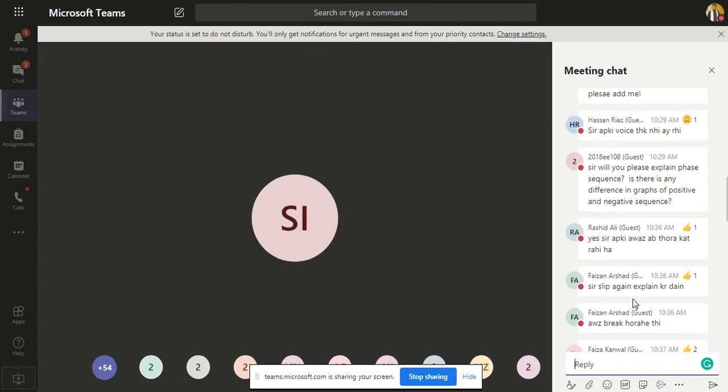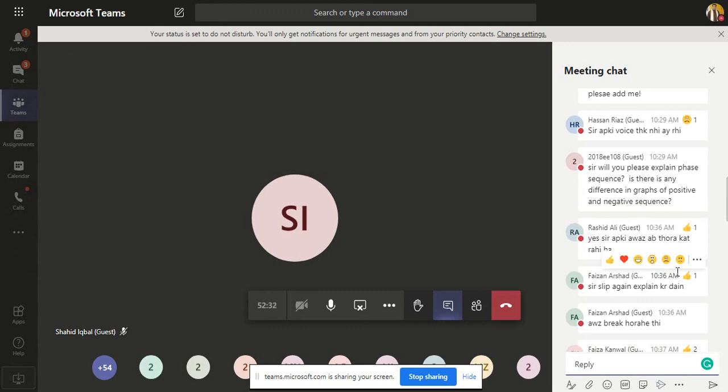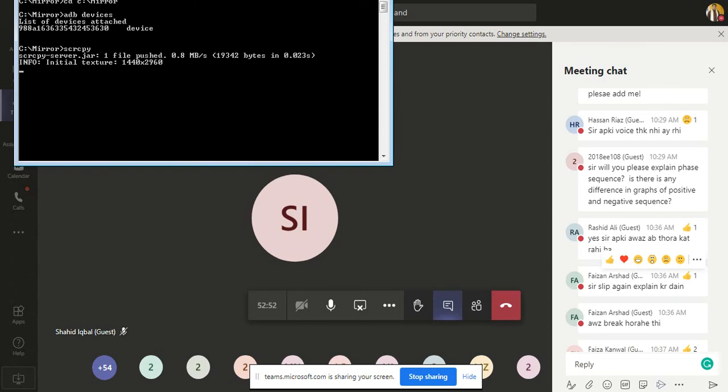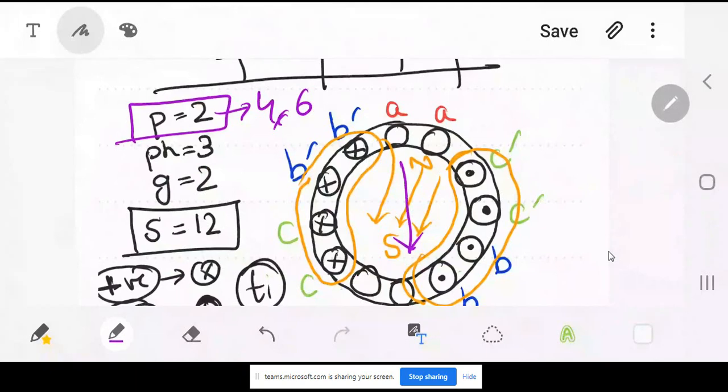Will you explain the phase difference? Is there any difference in the graph? Certainly there is going to be a difference. When you are drawing positive phase sequence, if you are taking it universally as A, B, C, and when you are talking about the negative phase sequence, you have to swap two wires, so it will be A, C, B. So yes, certainly there will be a difference in the graphs, or if you are calling these diagrams graphs, don't call them graphs.